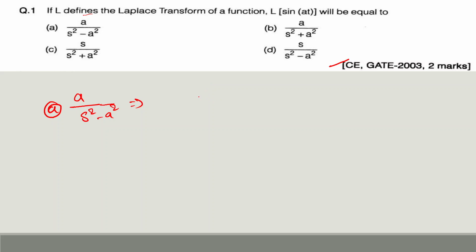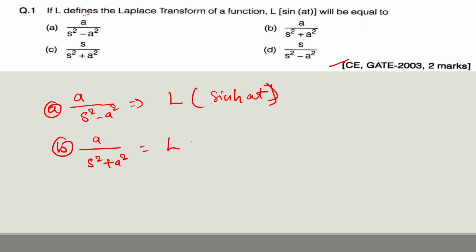First, a upon s square minus a square is equal to the Laplace of sinh at. And the option B is a upon s square plus a square, equal to the Laplace of sin at.